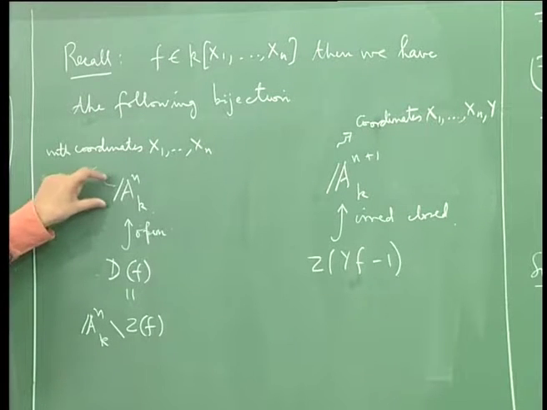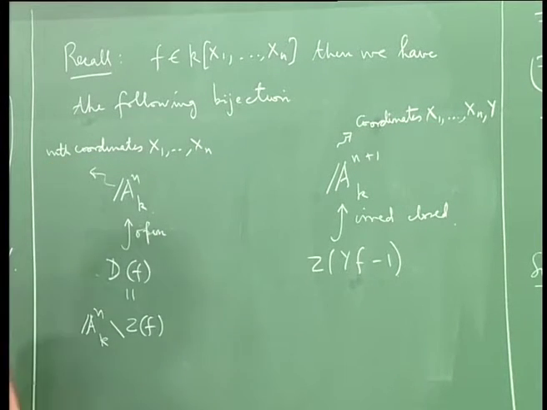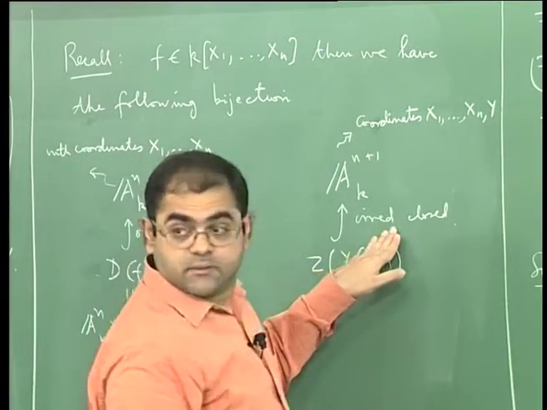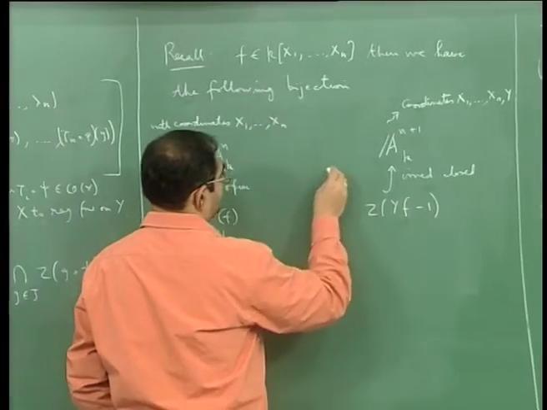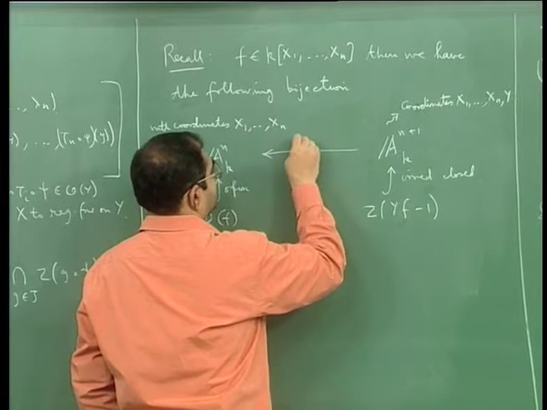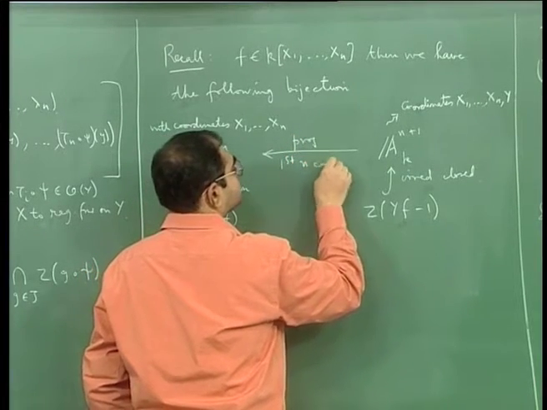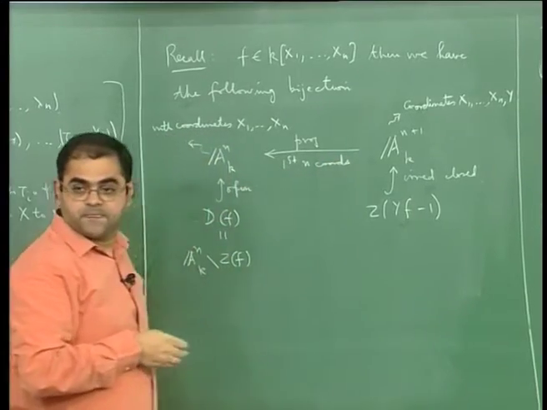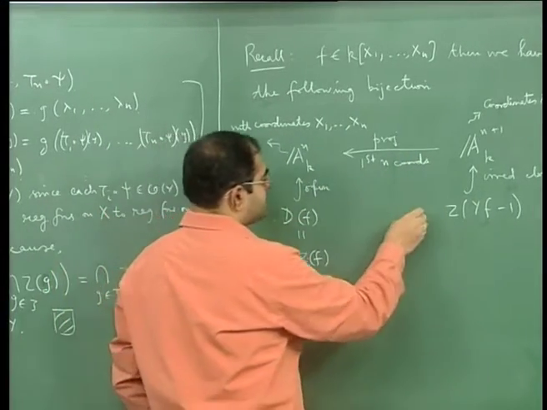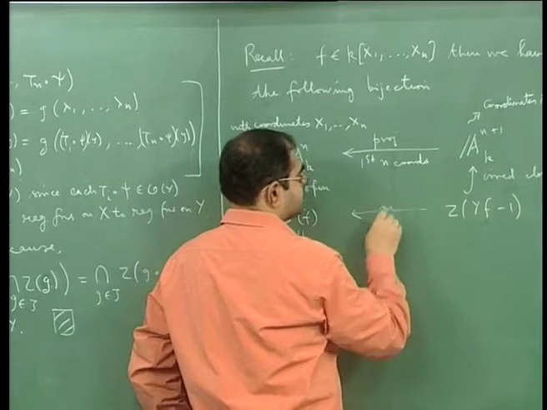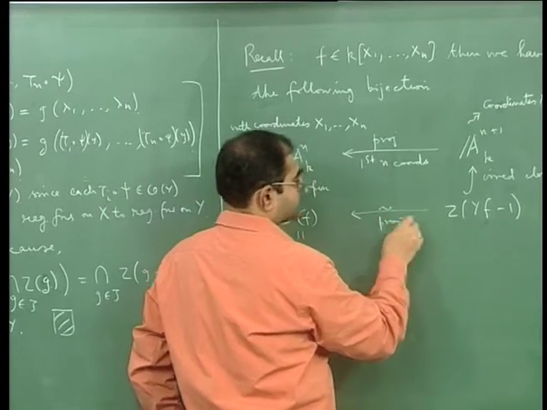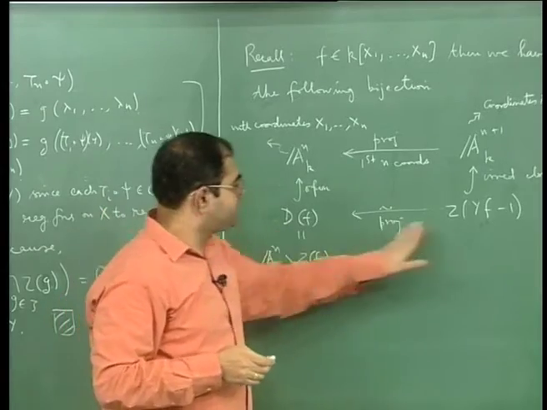This set here is irreducible and dense, okay, and this set here is irreducible and closed, and we have this projection. You project onto the first n coordinates, that is this projection map, okay, and under this projection map there is a bijective map from here to here.